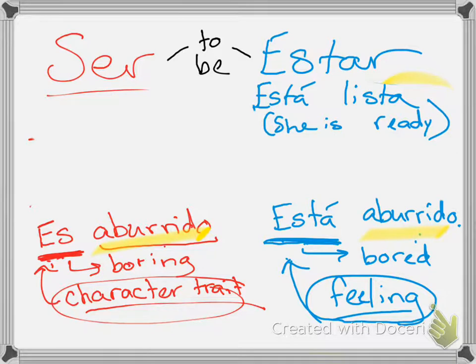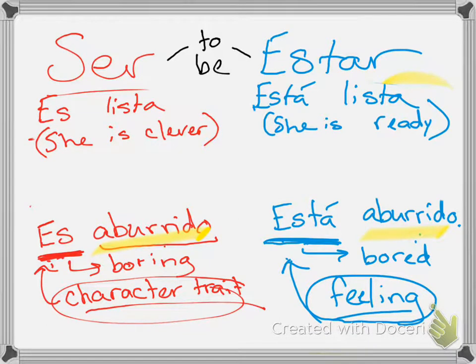Okay. However, right, ready being a feeling. She feels ready. Okay. However, if I say es lista, I'm saying she is clever. Right? Think about like quick. She's quick-witted. She's always ready with an answer. All right?